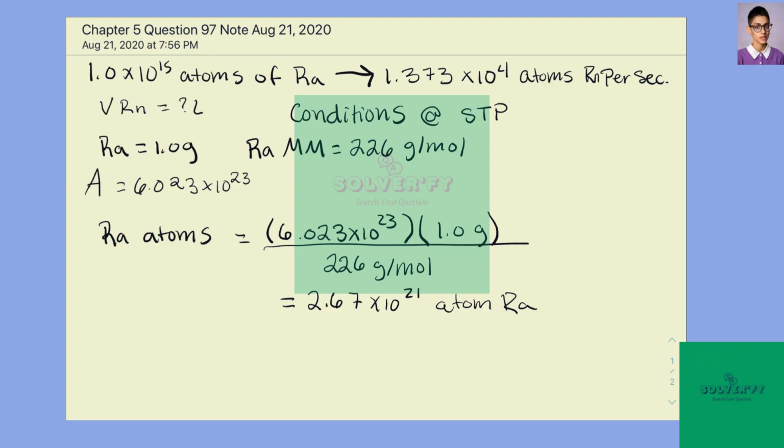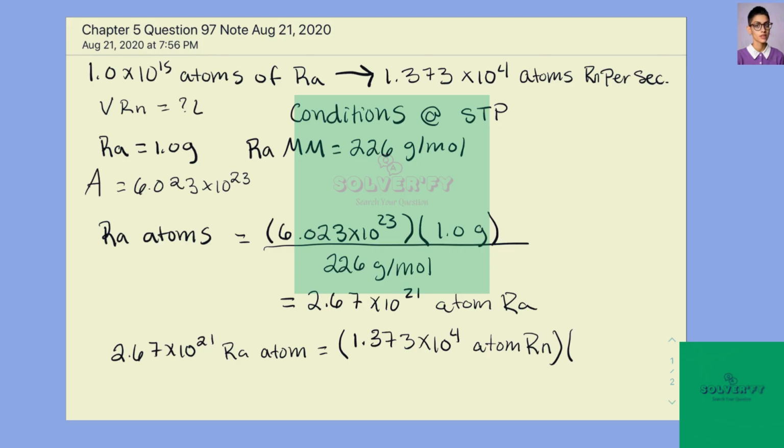Alright, so now that we have the atoms of radium, let's get our atoms of radon. So we have 2.67 times 10 to the 21st atoms of radium. And this is going to equal 1.373 times 10 to the 4th atoms, because that's how much are produced from the radium.